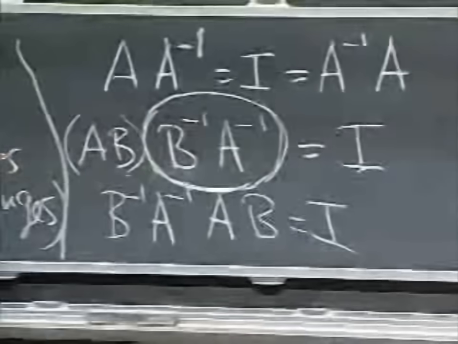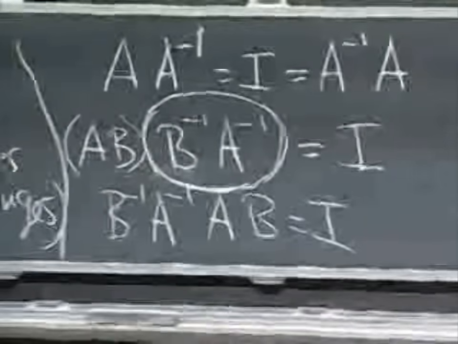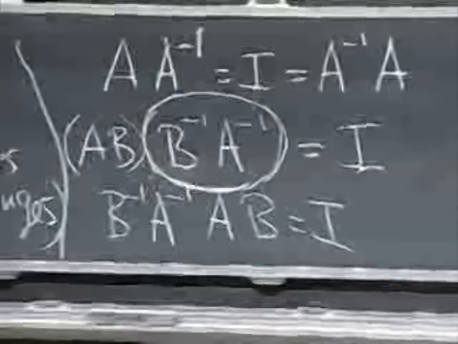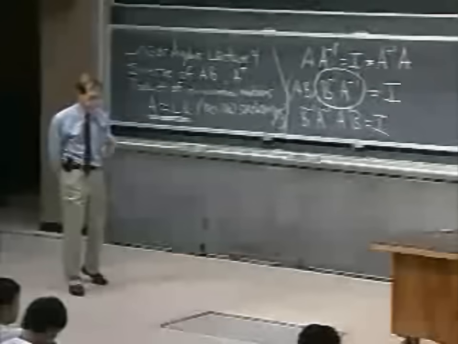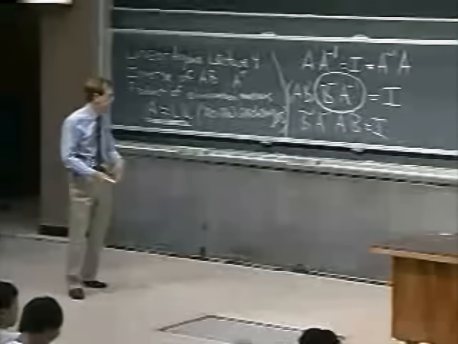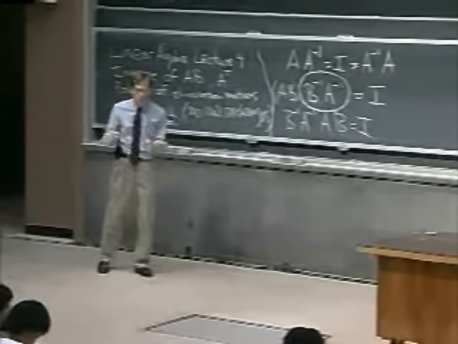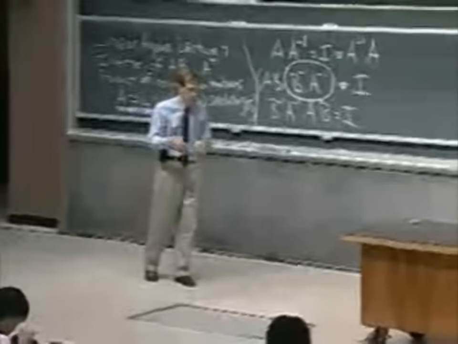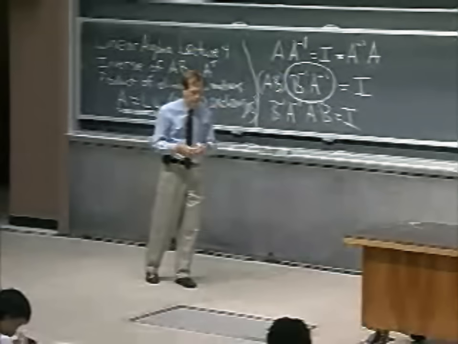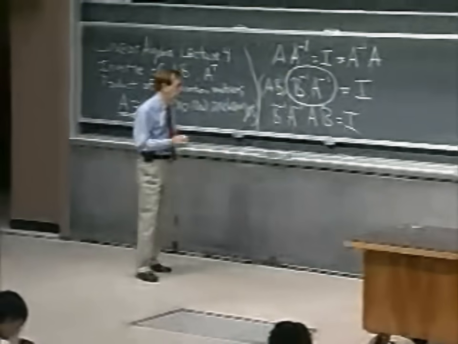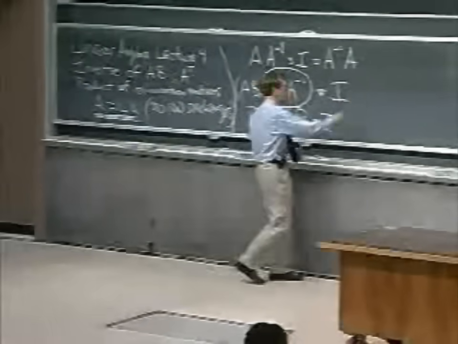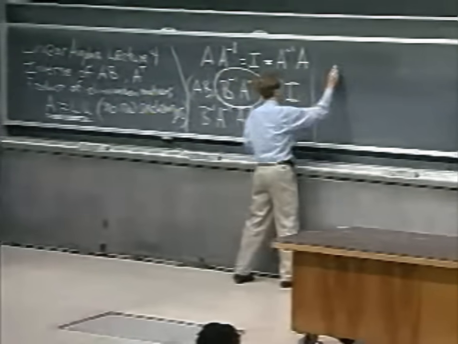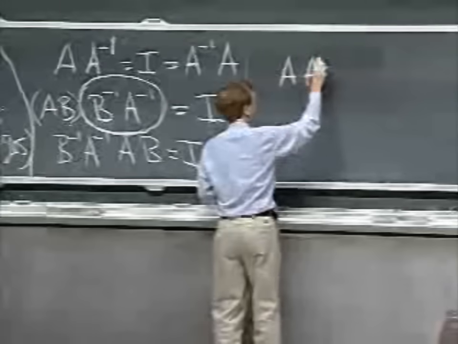Good. While we're at it, let me do A transpose. Because the next lecture has got a lot to, it involves transpose. So if I transpose a matrix, I'm talking about square invertible matrices right now. If I transpose one, what's its inverse? Well, the nice formula is, let me start from A inverse times A equal the identity.